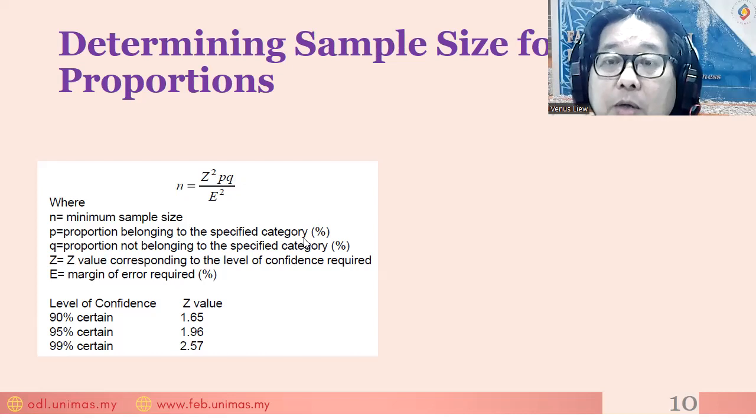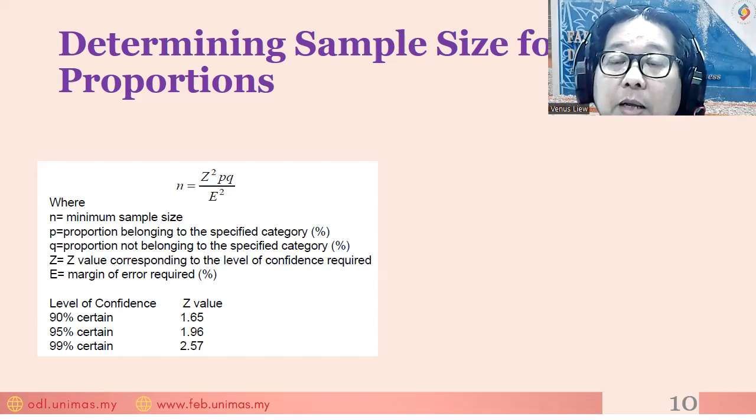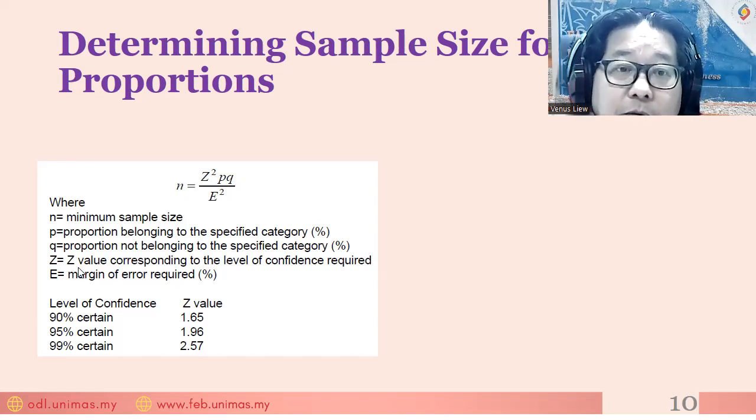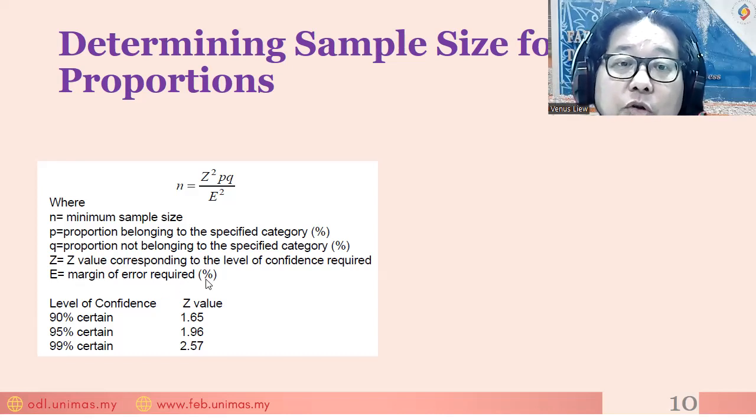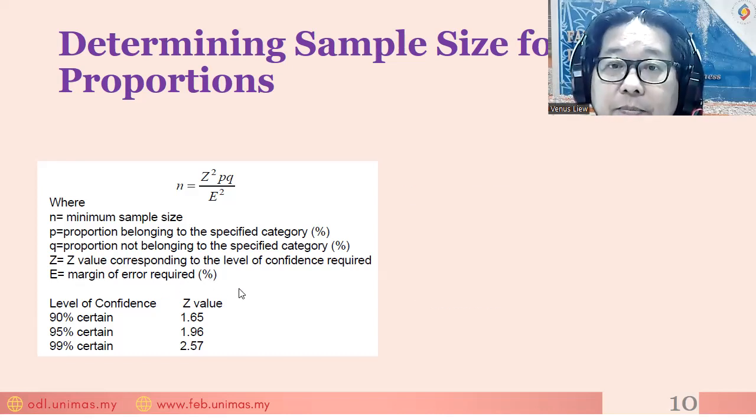Let's say they are your customers: 40% of the buyers of this toothpaste are using your brand. So P is 0.4 and Q is the complement, the counterpart, so Q is 0.6. Z is still the same value as before, and for E this time we use the percentage.